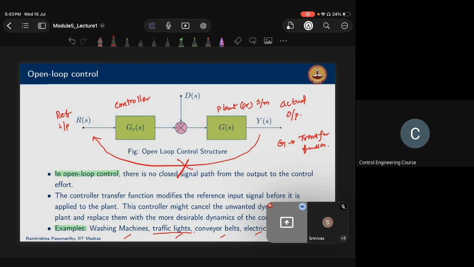We directly give 30 seconds of green in a particular north direction. We don't take feedback. If there are fewer vehicles, we should give less than 30 seconds, or if there are more vehicles, more than 30 seconds. We don't check like that in the current existing system. This is one of the best examples of open loop control.